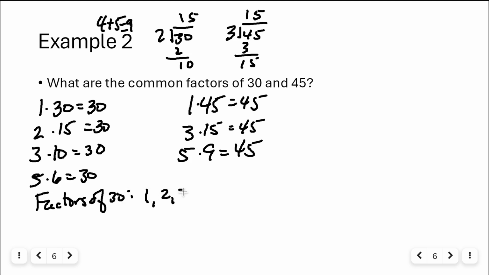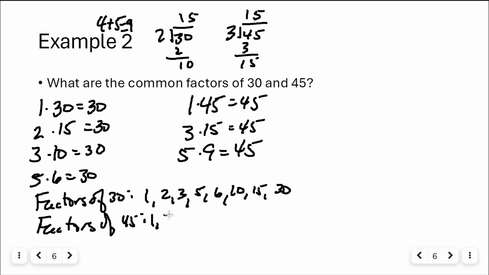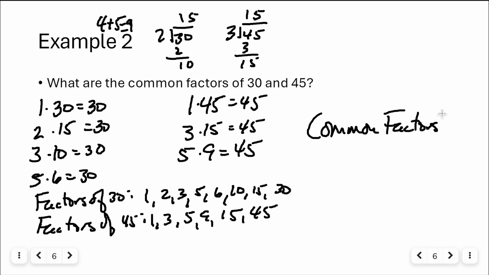So the factors of 30 are 1, 2, 3, 5, 6, 10, 15, and 30. And the factors of 45 are 1, 3, 5, 9, 15, and 45. So the common factors, let's find the numbers that are in common here. 1, 3, 5, and 15.